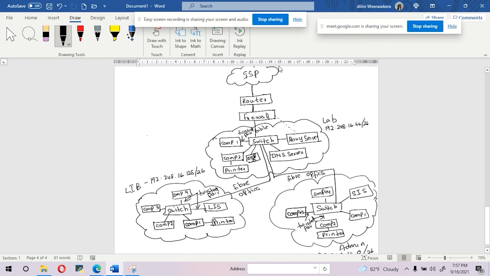Our firewall's main purpose is to monitor the internet traffic and allow only authorized users and authorized traffic to come into the network. So that's the idea of this diagram.